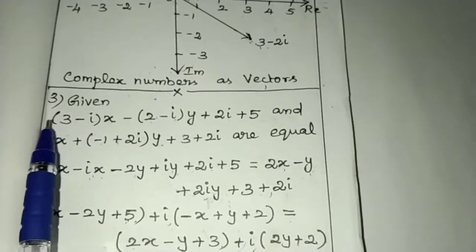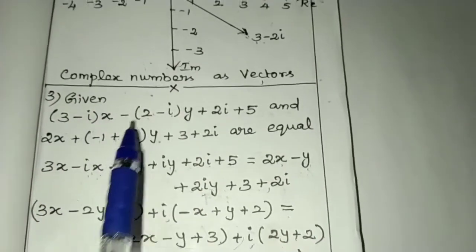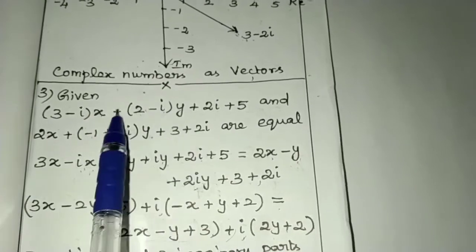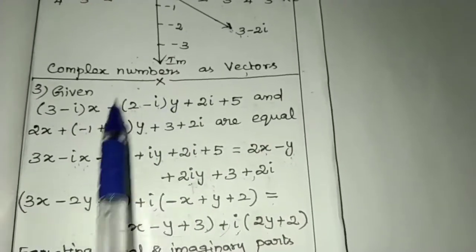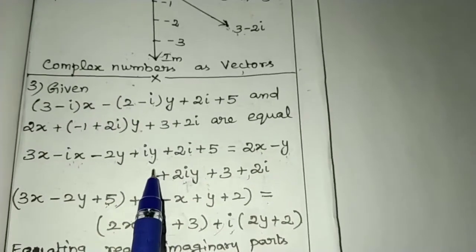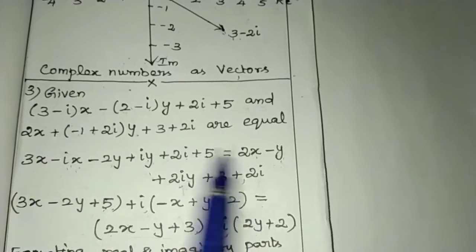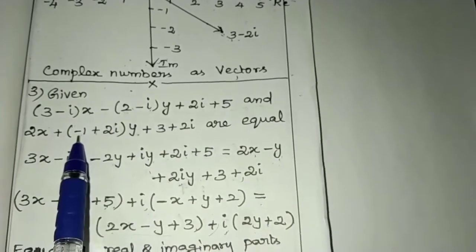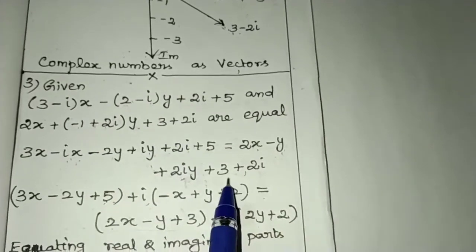Now just simplify, 3x minus ix. Here minus y multiplied by 2, that is minus 2y, and minus y multiplied by minus i, that is iy. Write this equal to, here also 2x, that is minus y, here 2iy, 3 plus 2i.